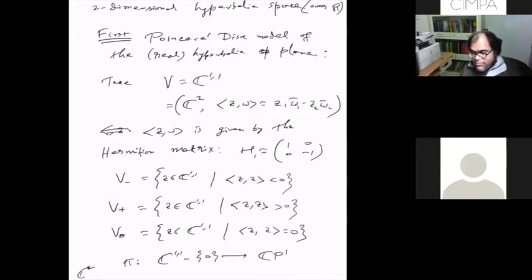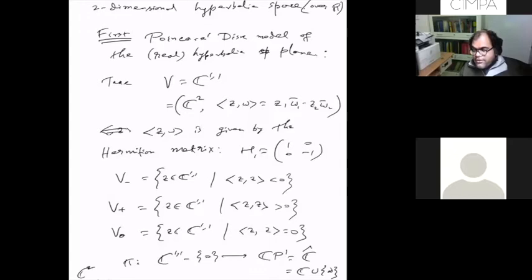So you take every line and you just choose one unit vector on the line to represent it. All right, so what that will give you, that will identify this with the extended complex plane, which is the Riemann sphere.